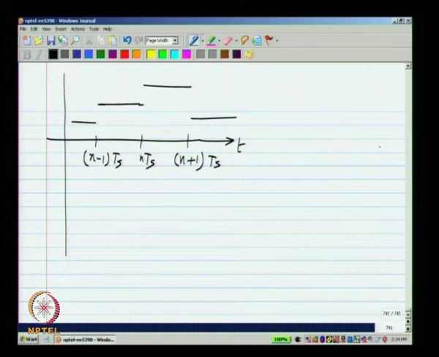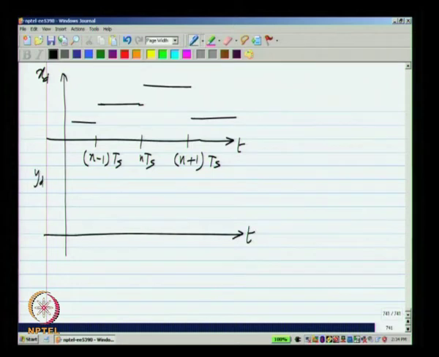Okay. Now, xd represented as a sampled and held signal and yd represented as a sampled and held signal also will do something of that sort and so on. Okay.